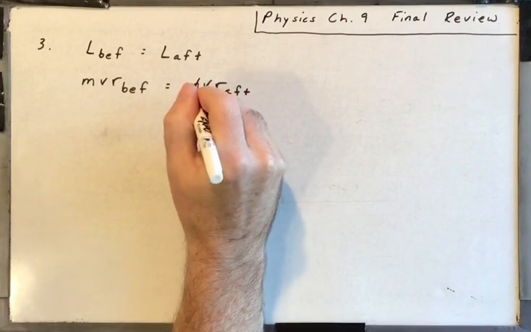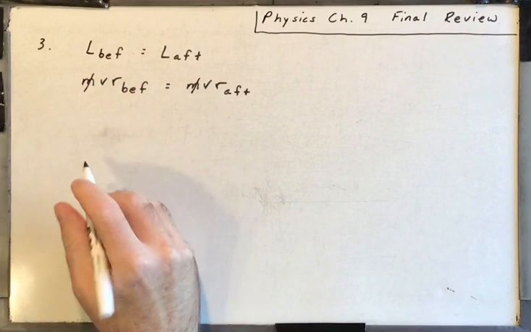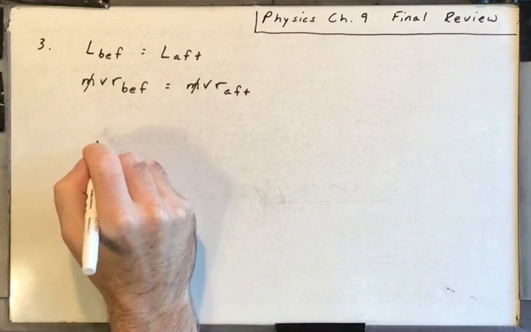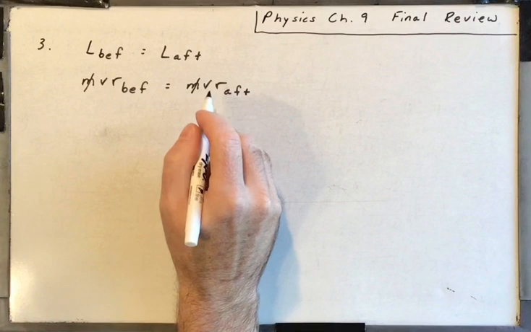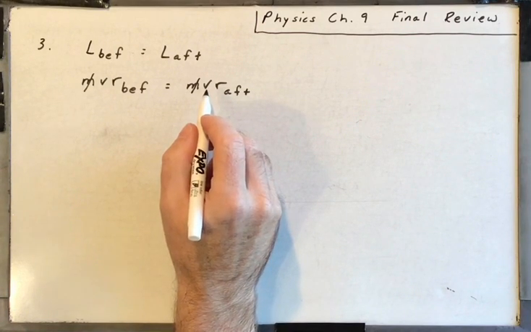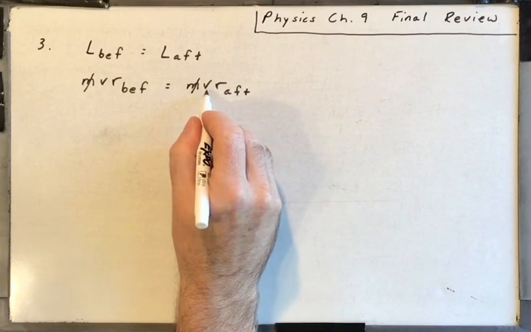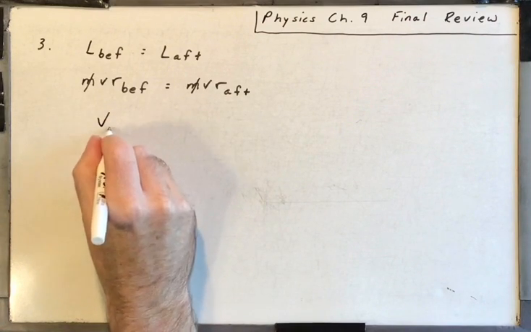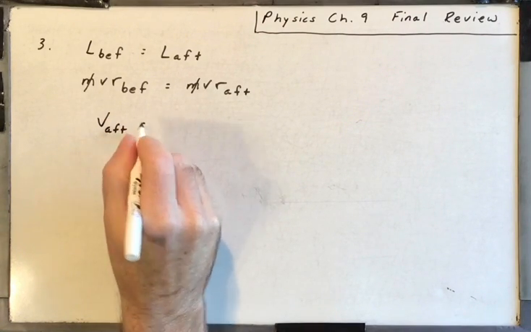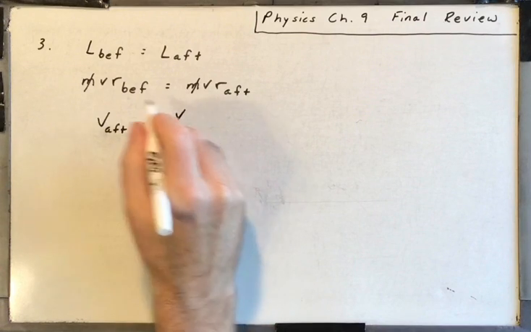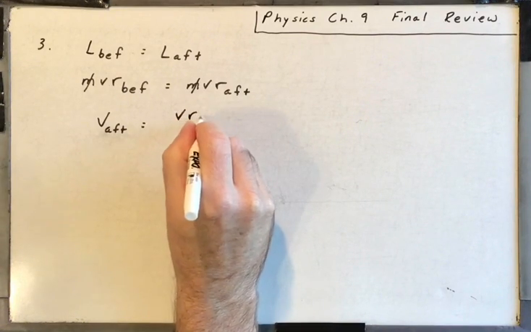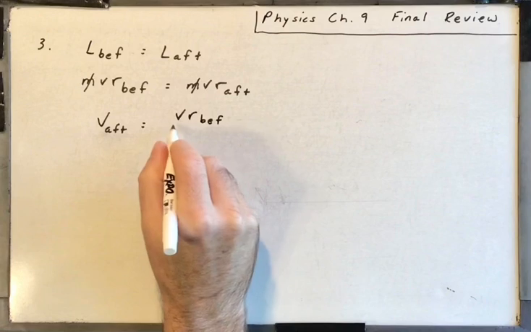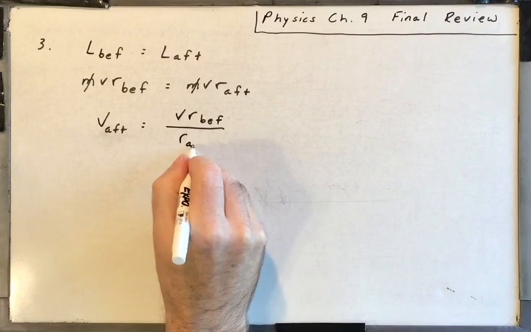Masses, she didn't lose an arm along the way or a leg or a skate, so that cancels out. We want to know the resulting velocity, the velocity after. So velocity after is going to be that initial velocity times the radius over the radius after.